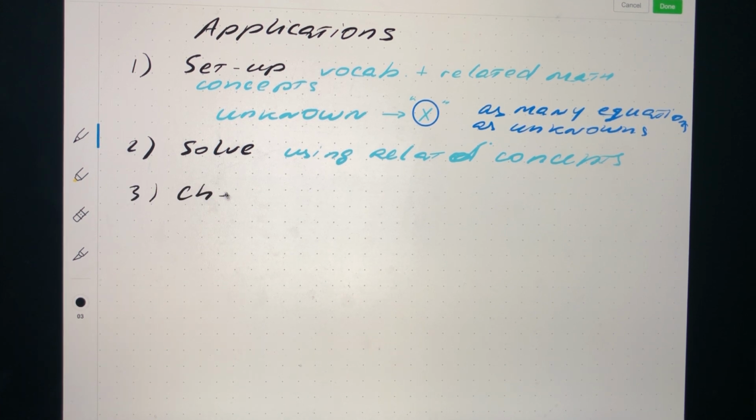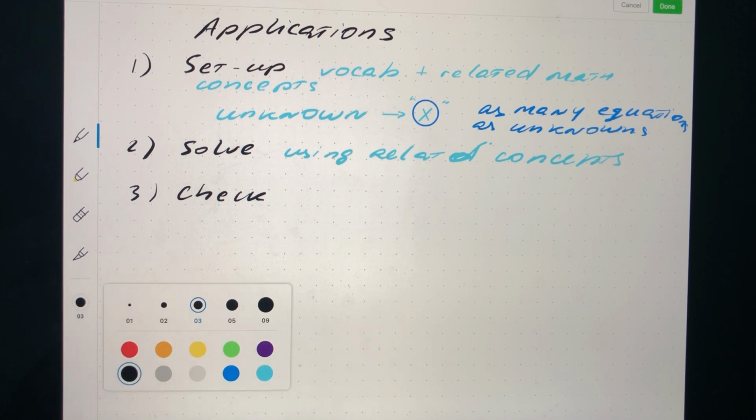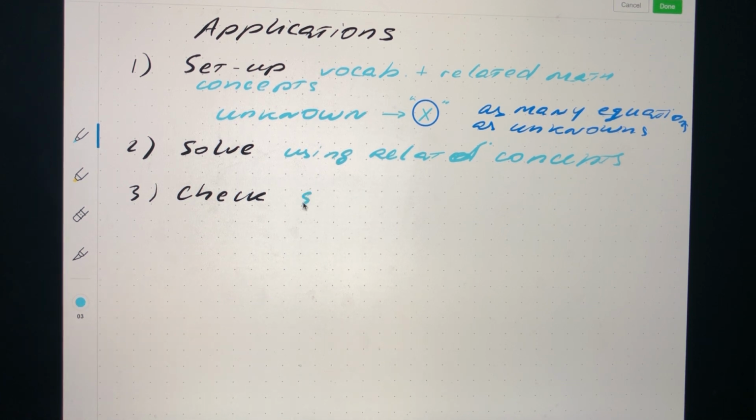And the reason we check is, first, it's possible that we made a mistake somewhere in the process. So to catch it, we check, and we always check by substituting into the original question, because we don't know at which stage, which part of the process we might have made a mistake.